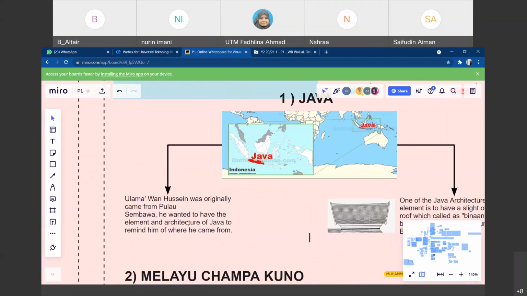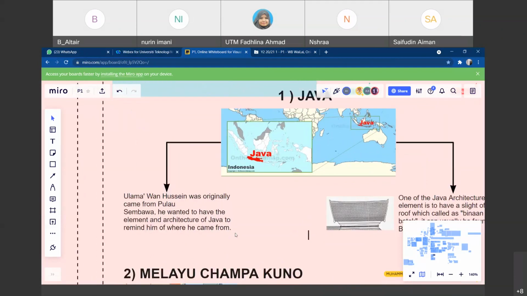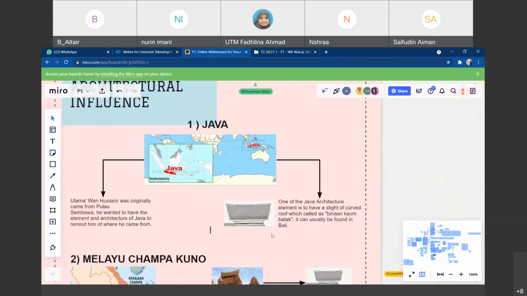Patani was also a place for most Muslims during the earlier time. Because he wanted to have the elements and architecture from where he came from, based on the history that Abi told, during his prayer, that's why he wanted to build the mosque. He wanted to have the elements and architecture of Java to remind him that he's from there, and also to make the people there know that Ulama Wan Husin is from there. That's why he added the elements and architecture from his original country.